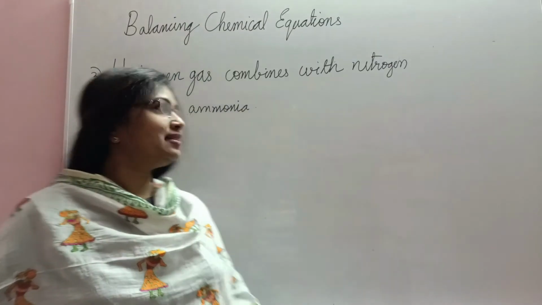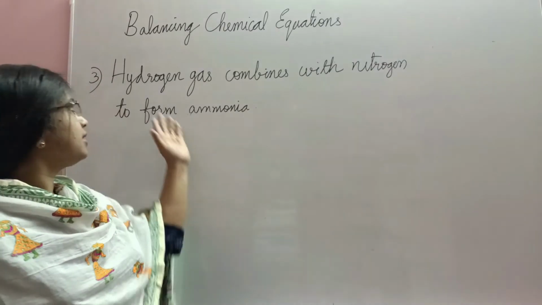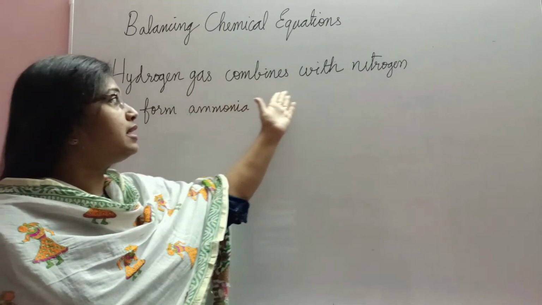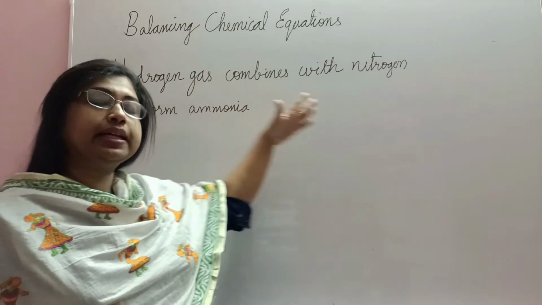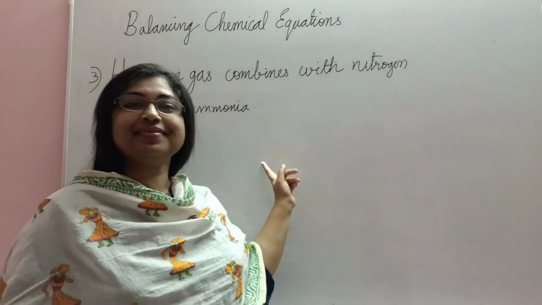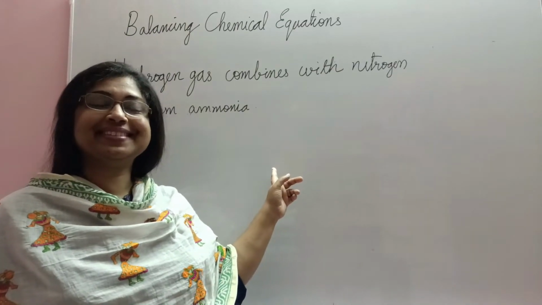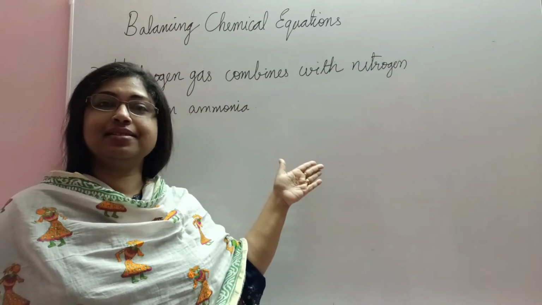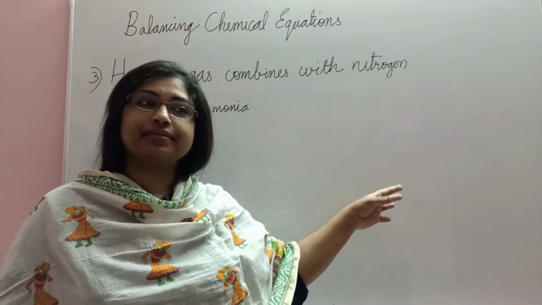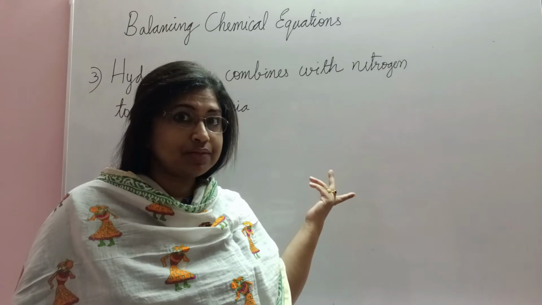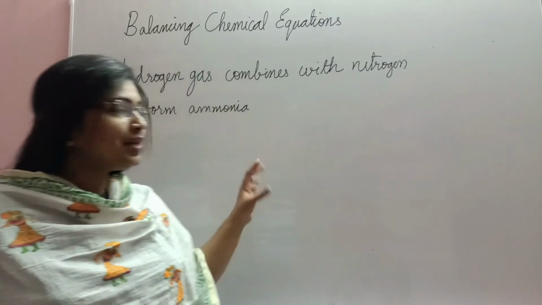There's the third one. This is a statement: hydrogen gas combines with nitrogen to form ammonia. You know both the hydrogen and nitrogen are in gaseous states, and it forms ammonia. So how will you translate this sentence into the form of an equation? Why don't we write the word equation first? So look here.